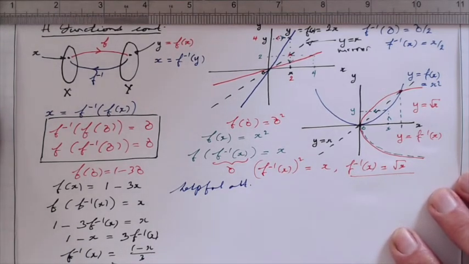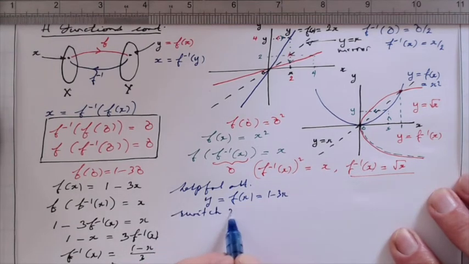It is the following. If you're given a function, write it as y equals f of x, which is 1 minus 3x in this case. And then, this could be quite confusing, switch x and y! So let's just do that.